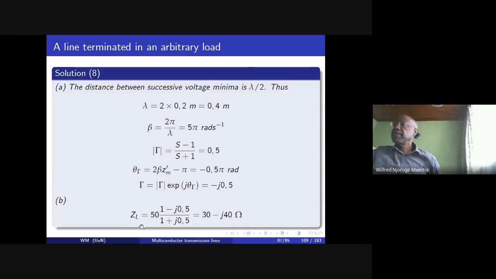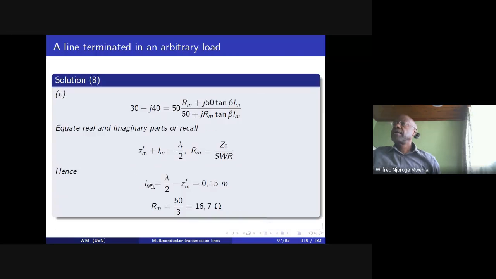And B, Zn is therefore going to be given by that equation, which gives us a value of 30 plus j 40 ohms. And C, we can always write that it is going to be given by that, and we can express that using the impedance transformation expression to get the values of Rm and beta m. And then we equate the real parts and imaginary parts of that.